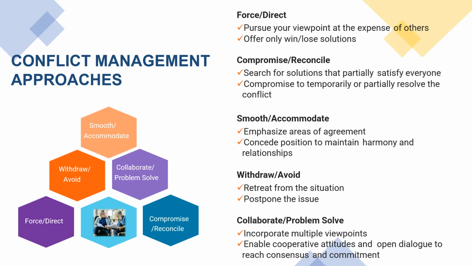Now, smooth and accommodate. In some agreements, you will realize that the people already literally agree on 80%. So the difference is only on 20%. So you help them to reestablish the points of the agreement. You agree on this, yes, you agree on that, yes.